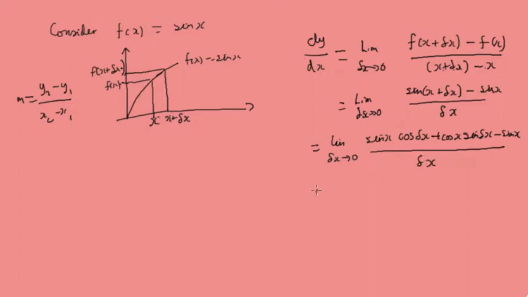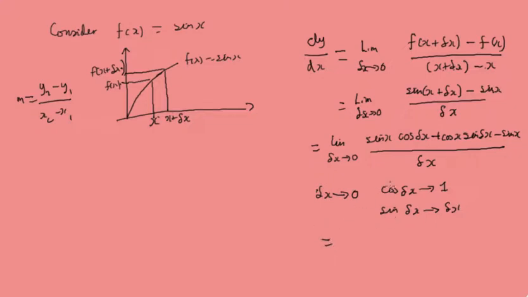Now as dx tends towards 0, cosine of dx will tend towards 1, and sine dx will tend towards dx.